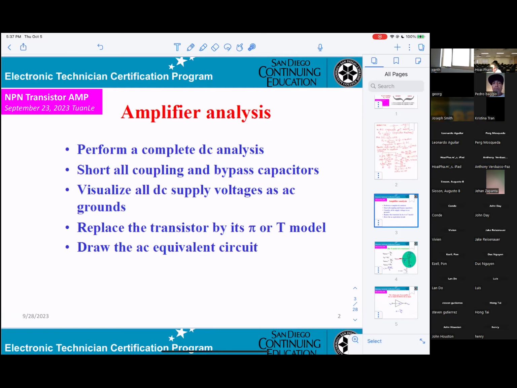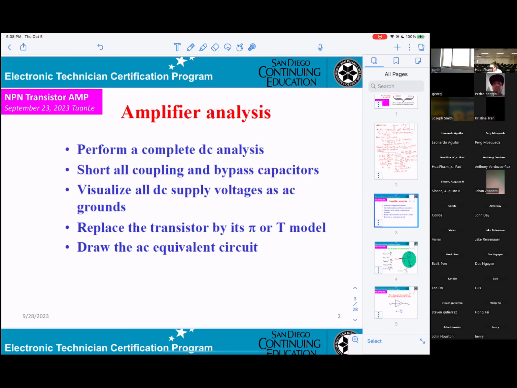Short the coupling and bypass capacitors. That means the capacitors will be shorted. Visualize the DC supply voltage at AC ground. So in the AC circuitry of the amplifier, you don't see any DC power supply anymore. They will be shorted to AC ground.